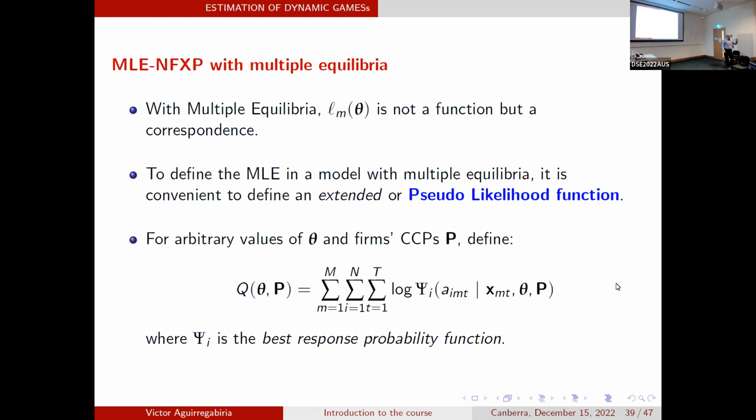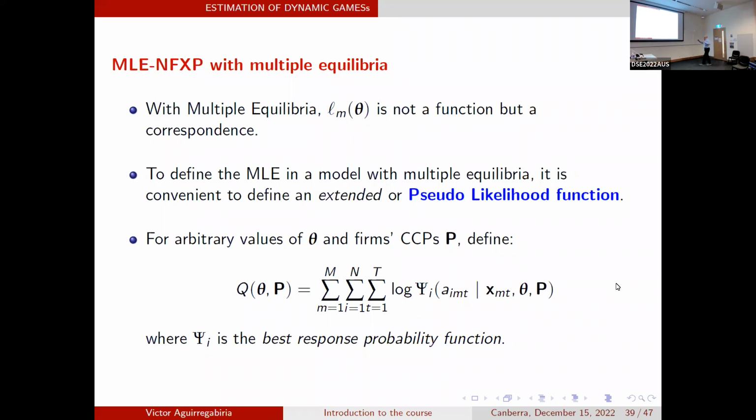These are belief parameters and structural parameters. And this is a well-defined function, because in this model, as we have seen, best responses are functions. Equilibrium probabilities are not necessarily functions; they can be correspondences because we have multiplicity, but best responses are functions, okay?